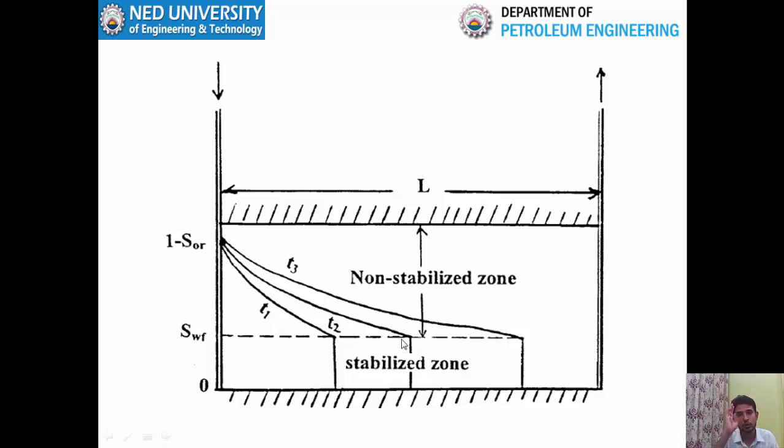So SWF is the saturation of your waterfront, and this is the minimum saturation. Obviously it changes from case to case. We have seen for one case it was 0.64, another case it was 0.42. So the higher the SWF, the higher the recovery. Through the frontal advance equation, you will calculate the position of your waterfront at different times during the injection.